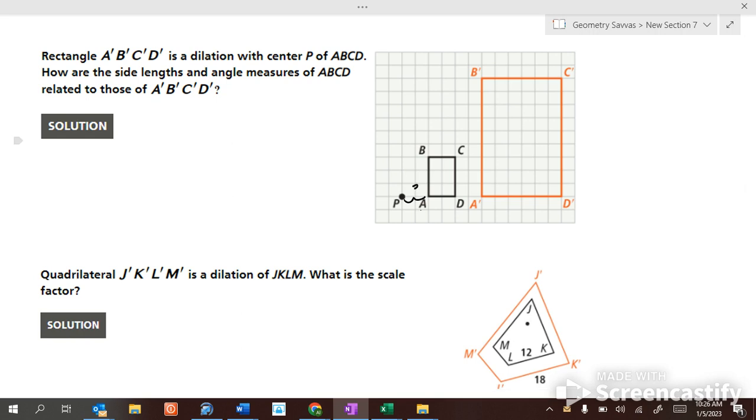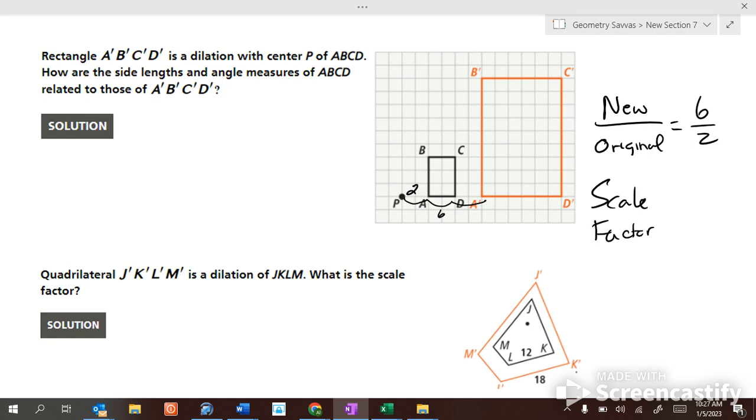It's 2 away. How far is A prime away from P? It's 6 away. So, if the new is 6 and the original is 2, what do you think the scale factor will be?